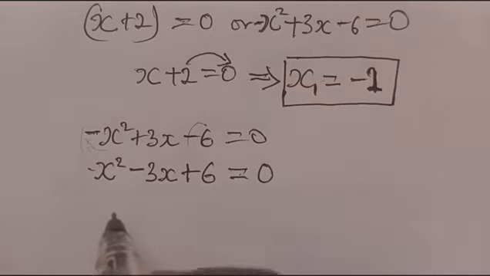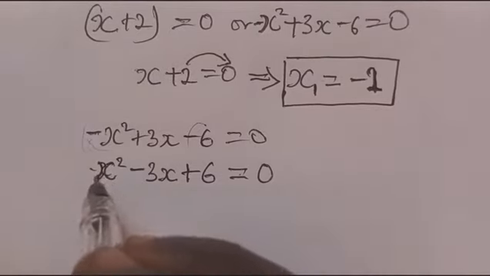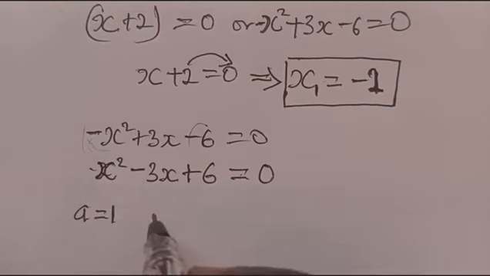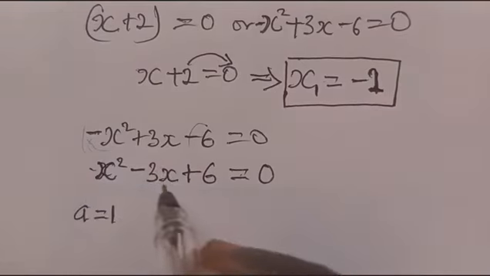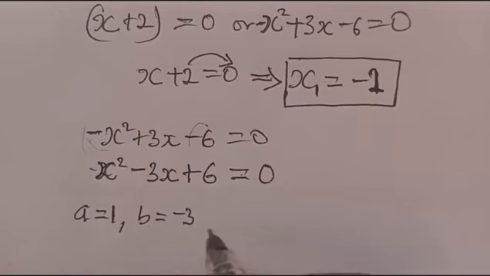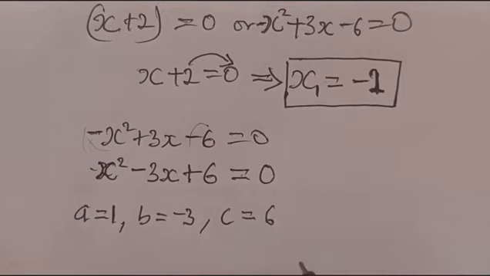Though this cannot be solved using the factorization method, we can make use of the formula method. So from here now, the coefficient of x squared is 1, so it means our a is 1. The coefficient of x, which is b, is minus 3. Then c, which is the constant, is 6.